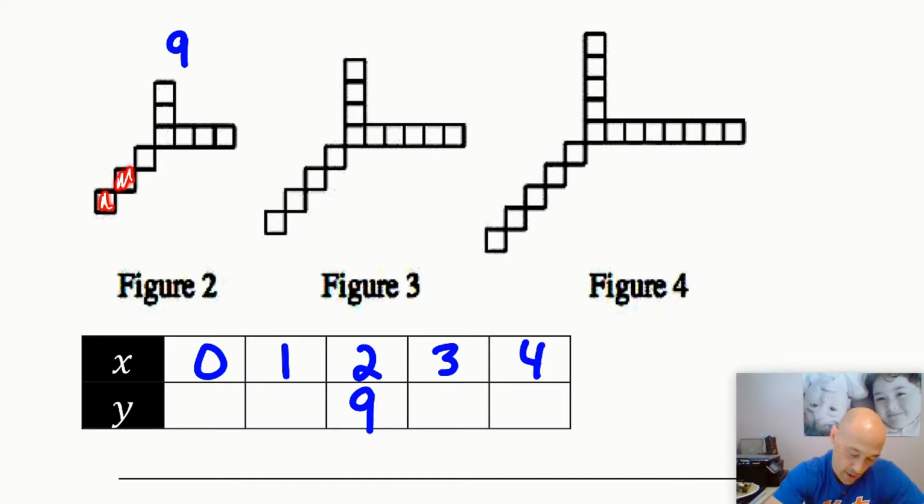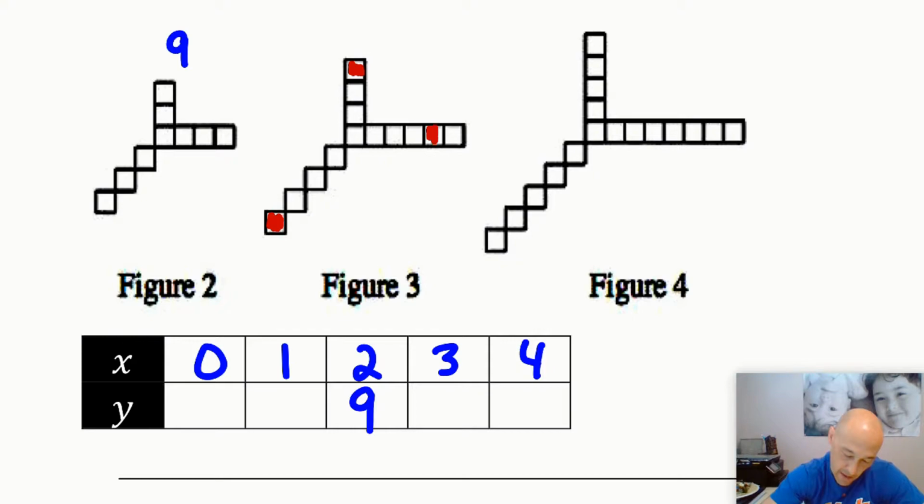Here we have 1, 2, 3, but here we have 1, 2, 3, 4. So we can think of adding 1 right here. Here we have 1, 2, 3, 4, so we added 1 here. And here we have 1, 2, 3, and here we have 1, 2, 3, 4, 5.